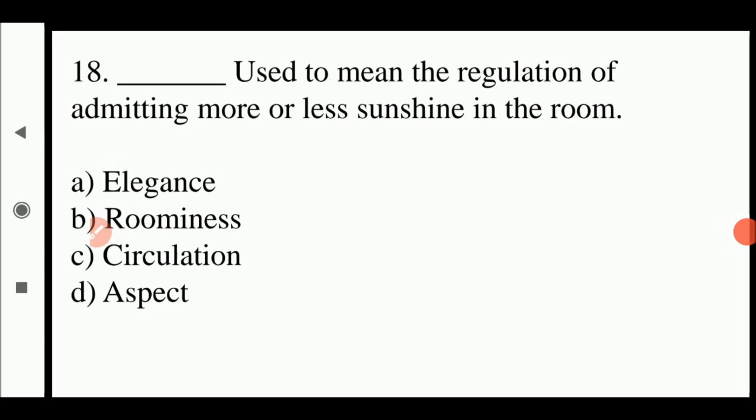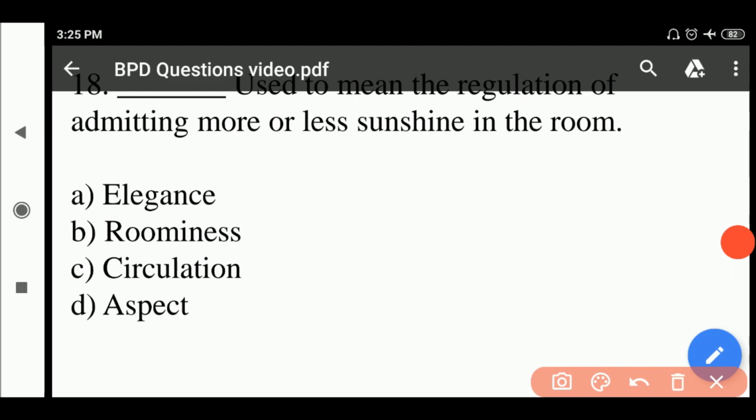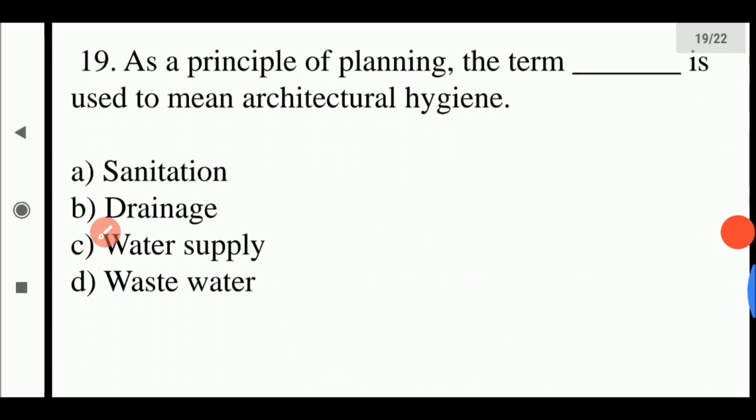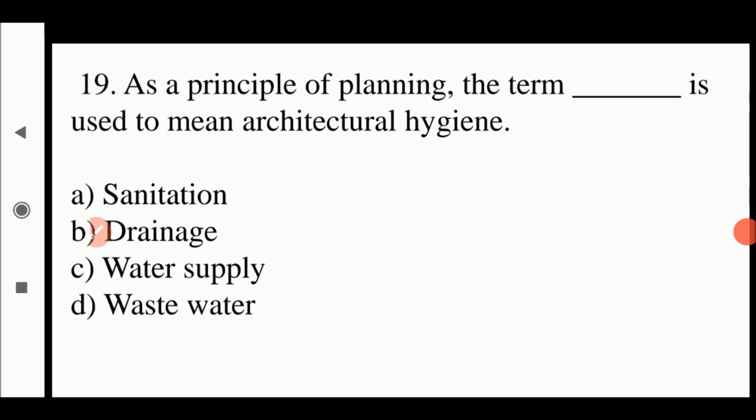Next objective. Dash dash is used to mean the regulation of admitting more or less sunshine in the room. The answer of this question is aspect. That is option D. Next objective.